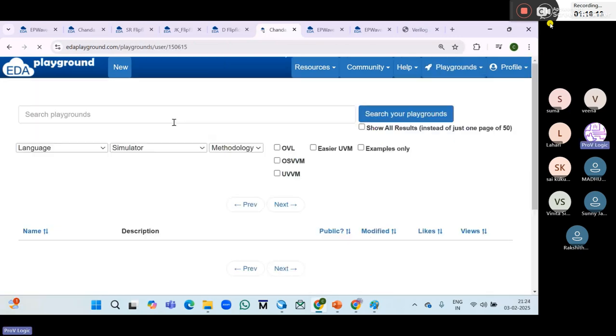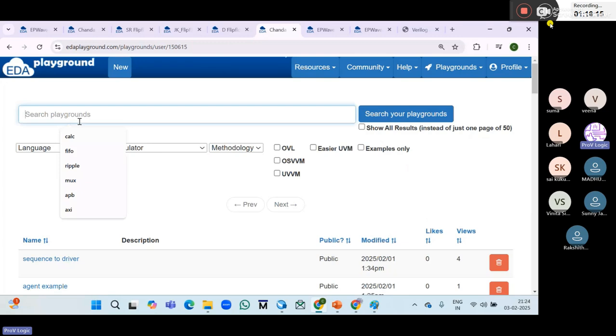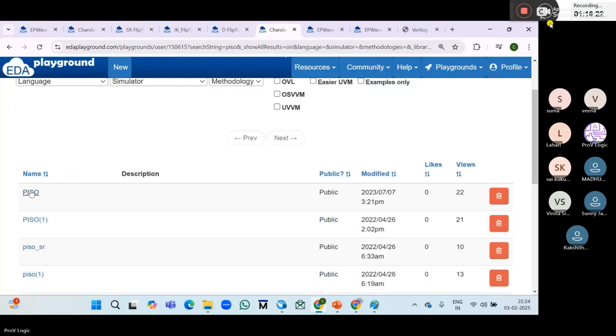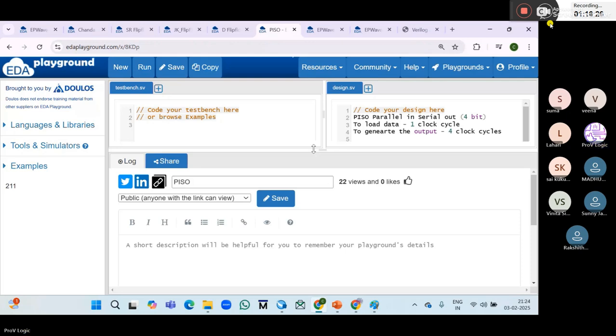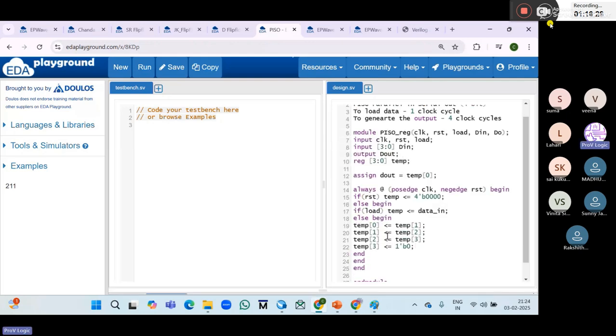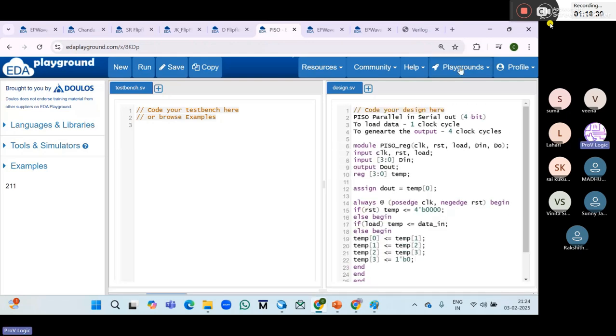Few only I have written in structural modeling. I have covered all models, parallel in serial out.